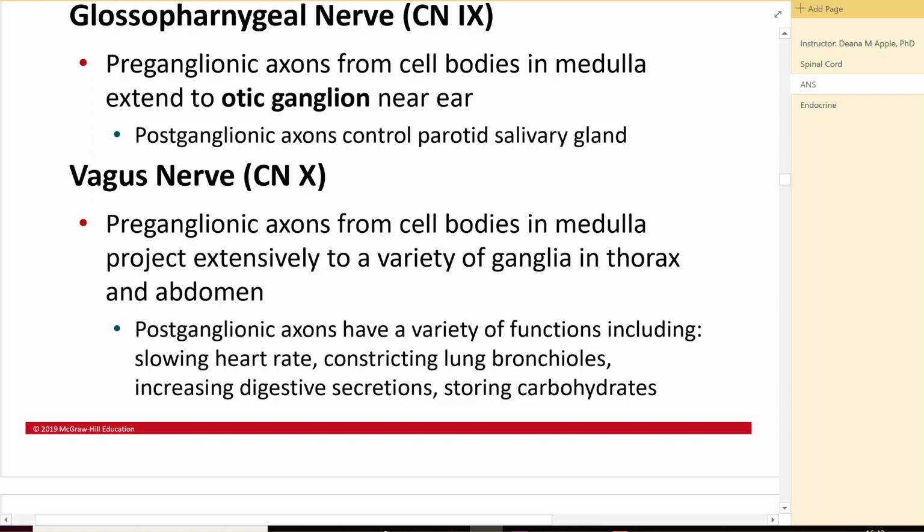If you're in shock, that would be what you would want to happen to save your organs? No, this is a rest and digest thing. You're increasing digestive secretions. If you're in shock, you're not worried about digesting your lunch. You are resting. You are definitely on the ground.